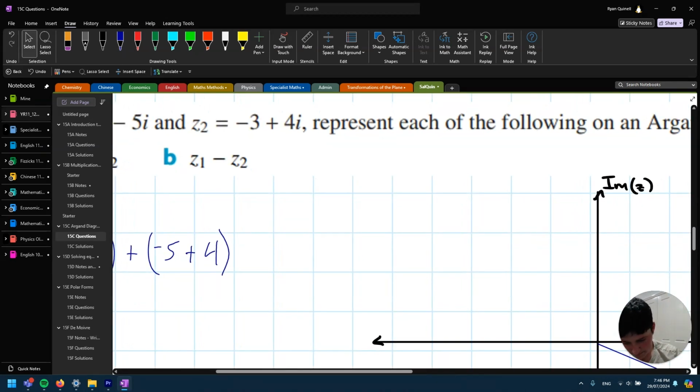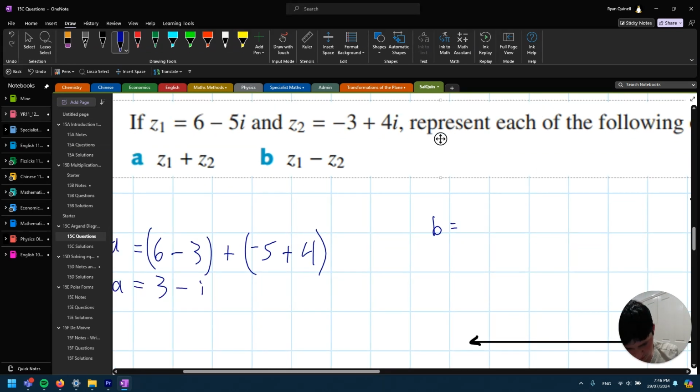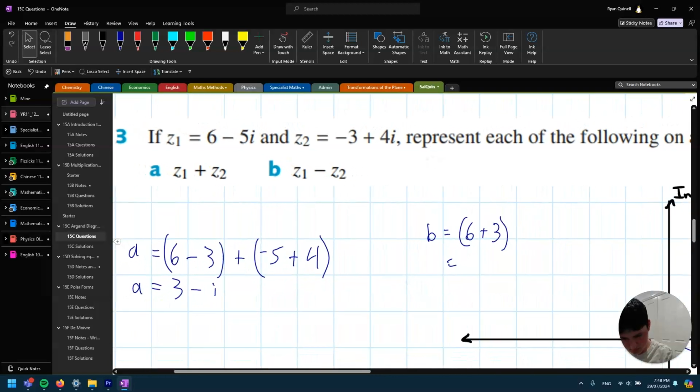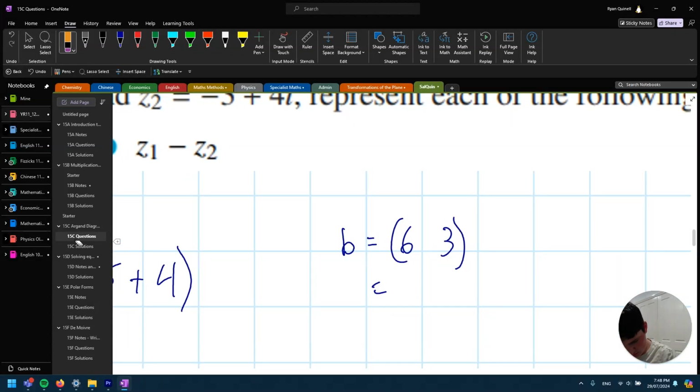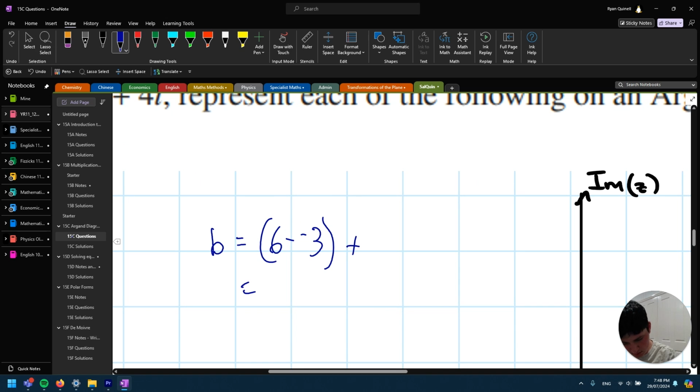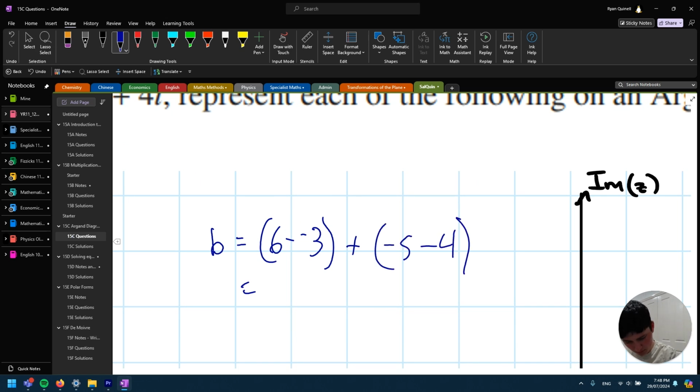Now for B, Z1 minus Z2: 6 minus negative 3, plus negative 5 minus 4, equals 9 plus negative 9, so minus 9i.